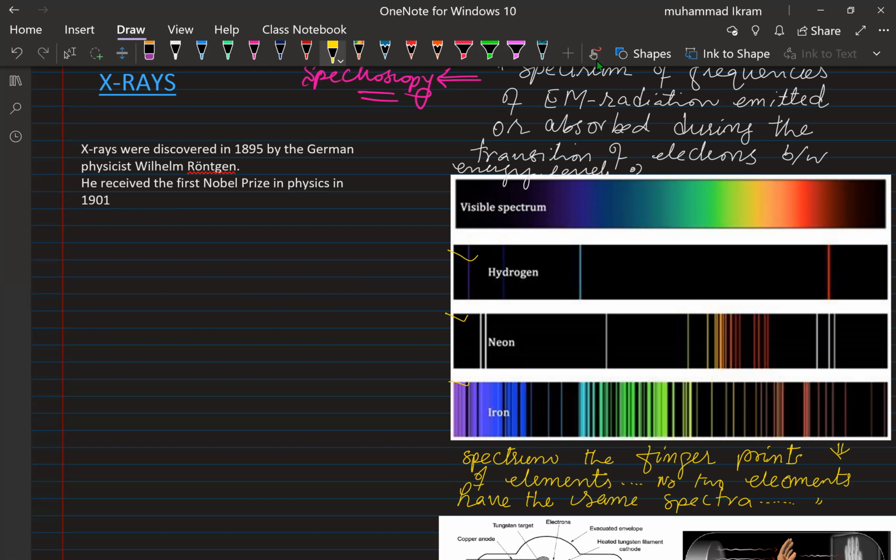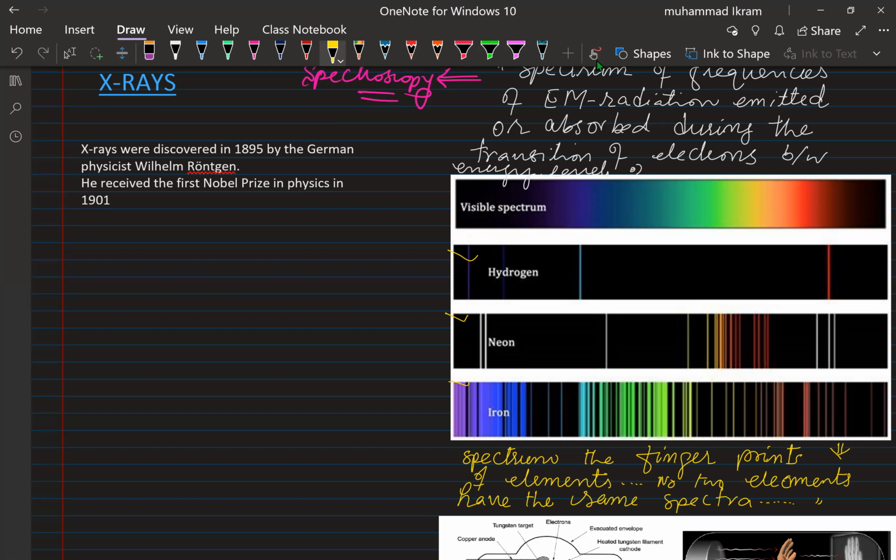Similarly, no two elements have the same atomic spectra. So atomic spectra play a very important role in the identification of the elements wherever they are. This is one of the most important features of the atomic spectra.